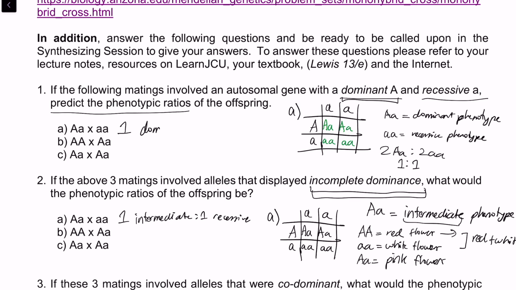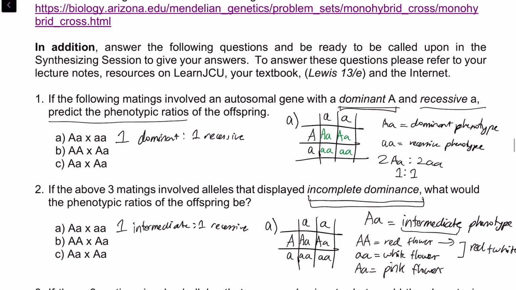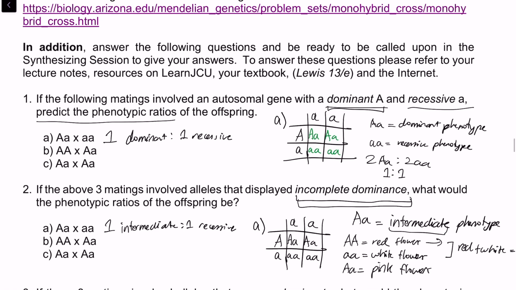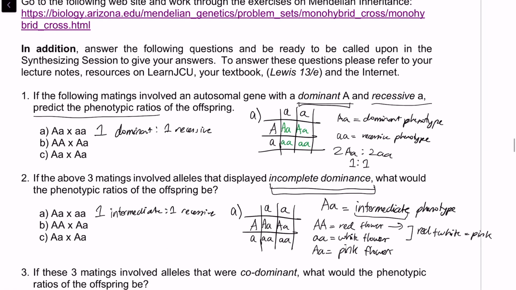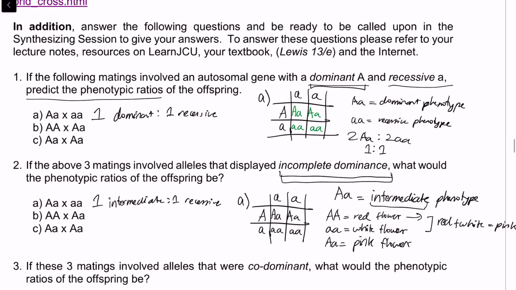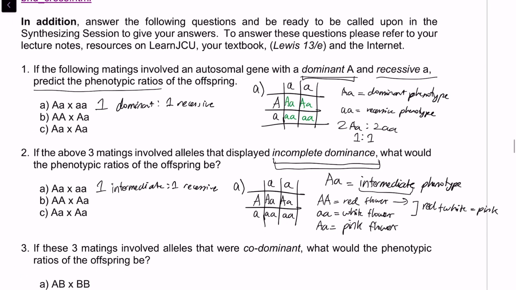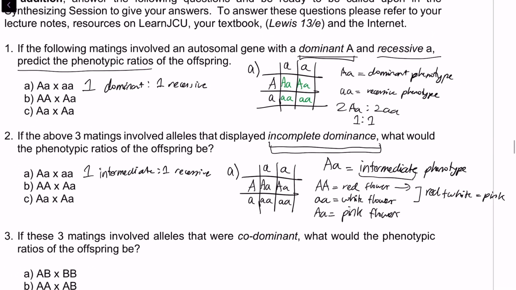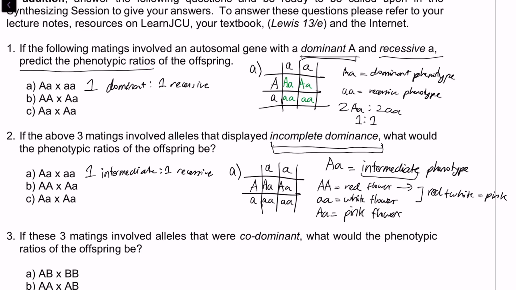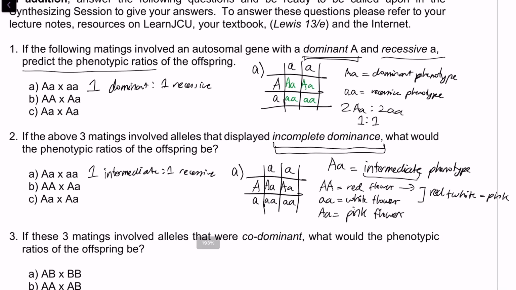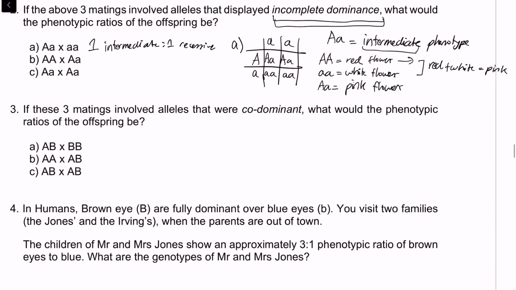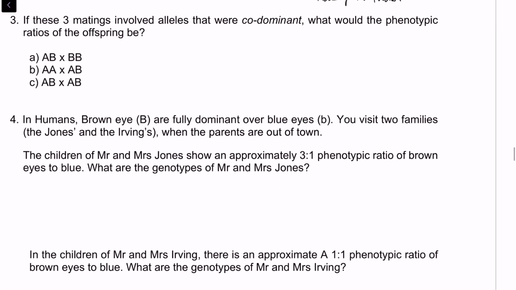So I should say 1 dominant to 1 recessive. Because one-to-one ratios, if we just write the numbers, they don't really mean anything. You might lose marks if you're not specific on what each part in the ratio actually means. Just keep that in mind.